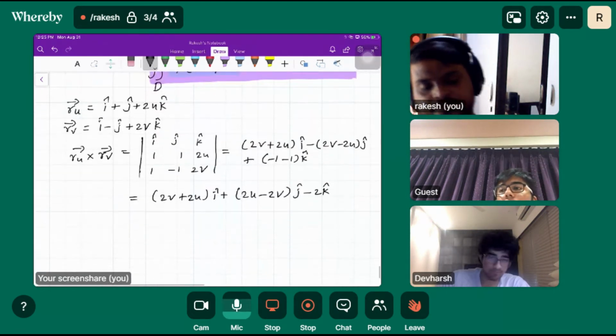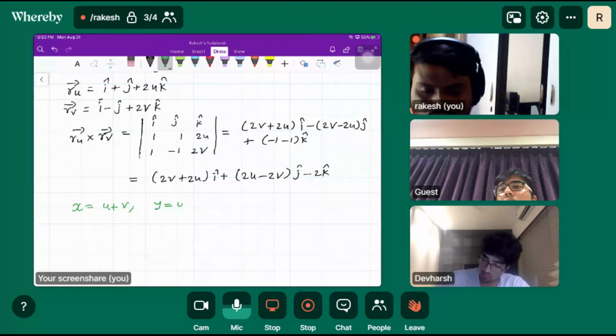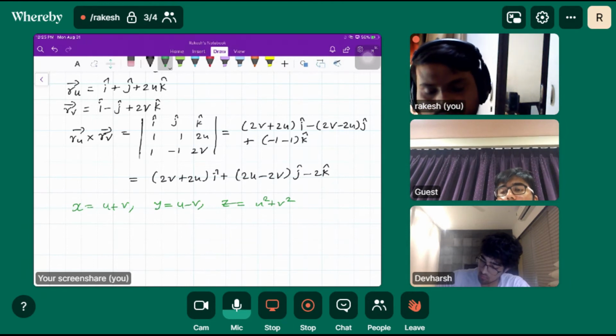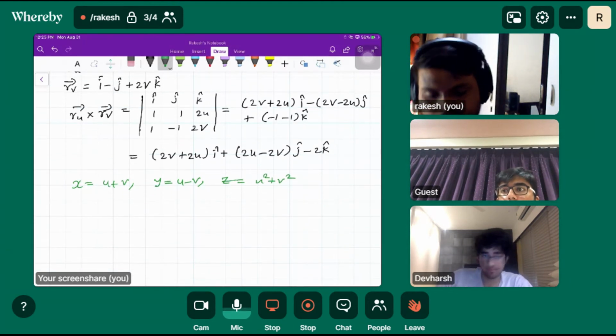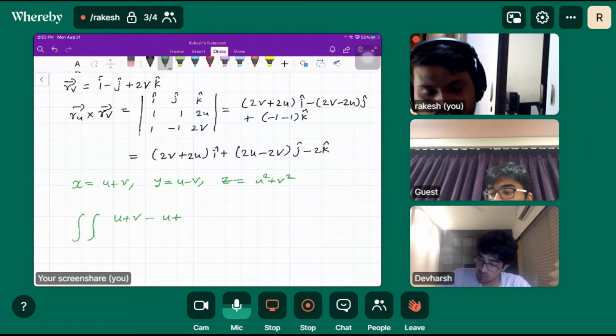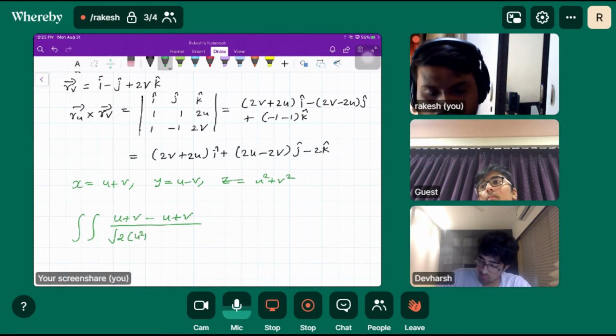What are x, y, and z? x is u plus v, y is u minus v, and z is u square plus v square, right? So in the double integration, x minus y is u plus v minus u minus v, upon root 2 times u square plus v square plus 1.